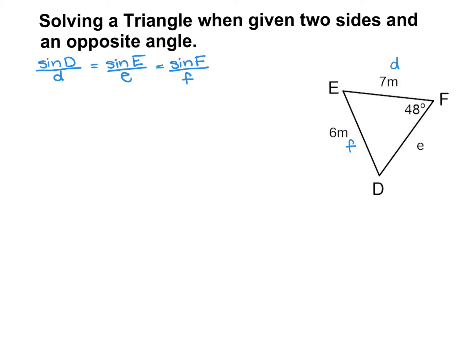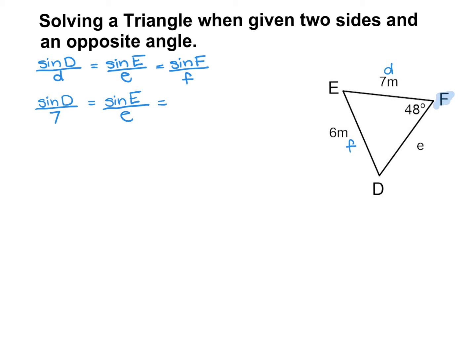Now let's fill in the values. So angle D is just plain angle D, so I'm going to write sine of angle D. And the side across from it is 7, so I'm going to write 7 at the bottom. Okay, next we've got to write sine of angle E, and angle E is just E, so I'm going to write sine angle E. And the side across from it is also just a lowercase e, so I'm going to write a lowercase e at the bottom.